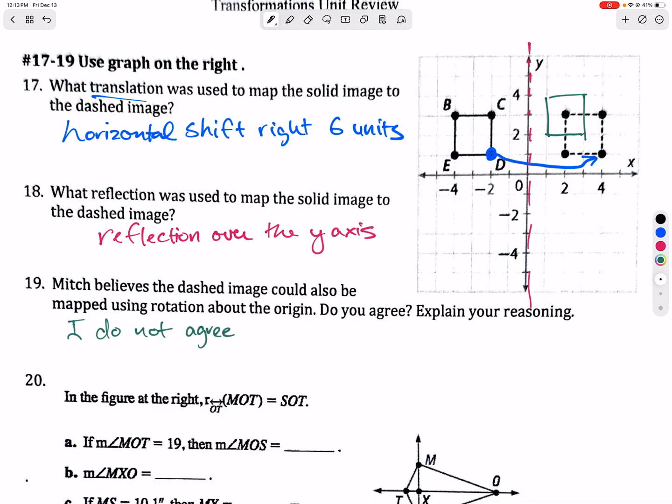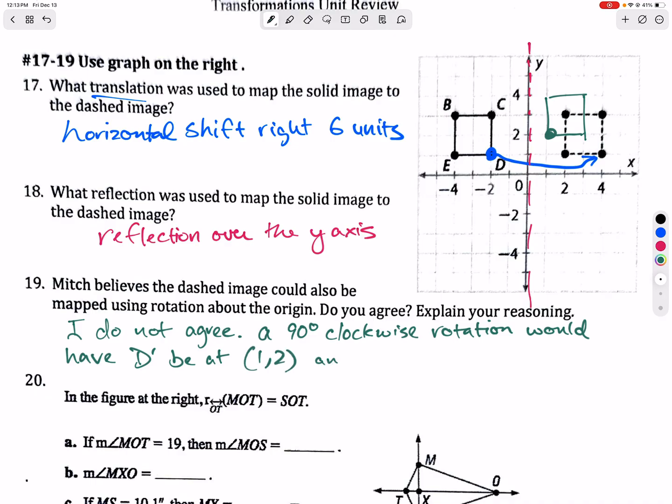And what I would do is say, if we rotated it a 90 degree clockwise rotation, I'll just pick one point, D would have D prime be at this one right here, 1, 2, and there is no vertex at 1, 2 for the dashed image.